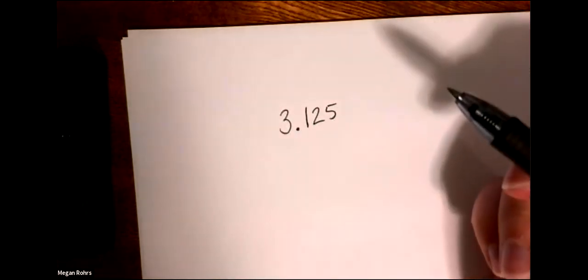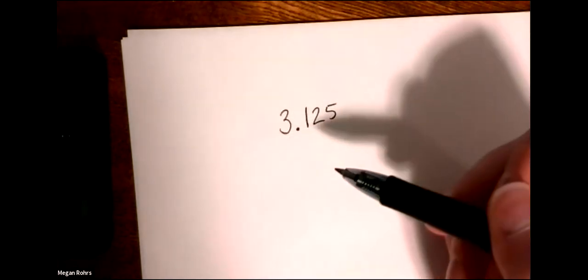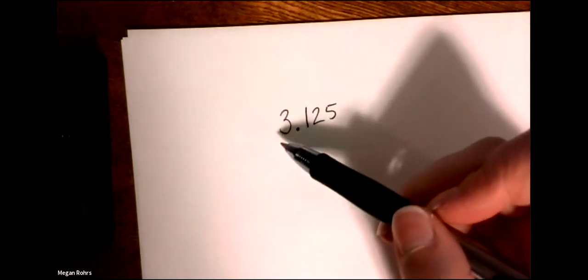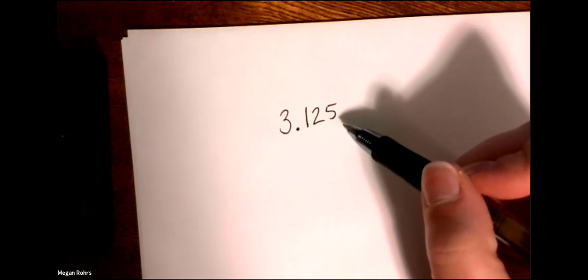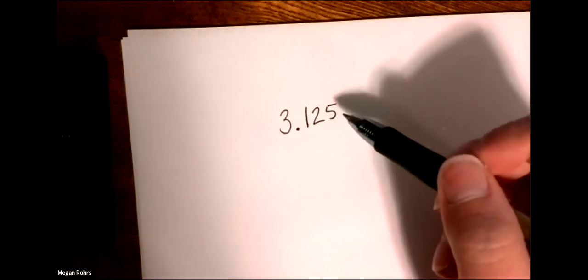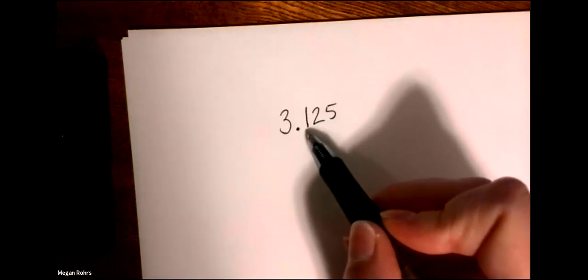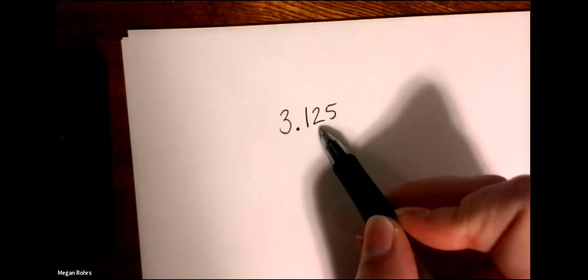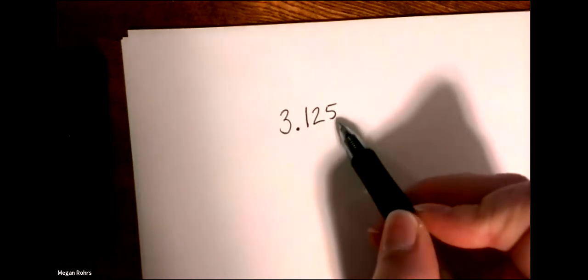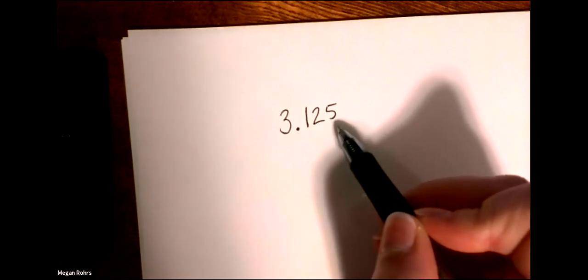But if we're reading this how it is supposed to be read, this would be 3 and 125 thousandths, okay? Looking at these places here, this would be our tenths place, hundredths place, and then the thousandths place. So that is how I got the 125 thousandths.